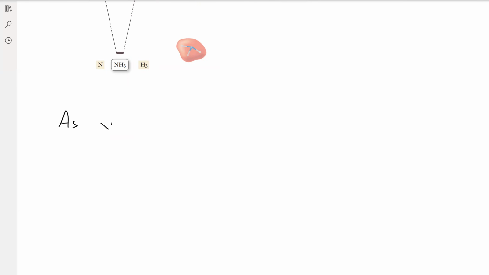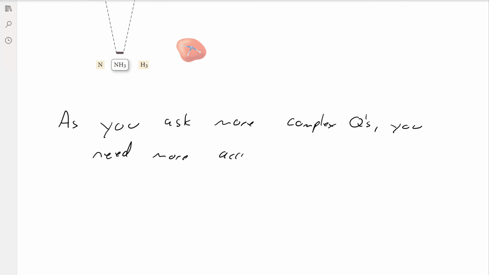The main point is, though, as you ask more complicated questions, you need more accurate and thus more complex models.